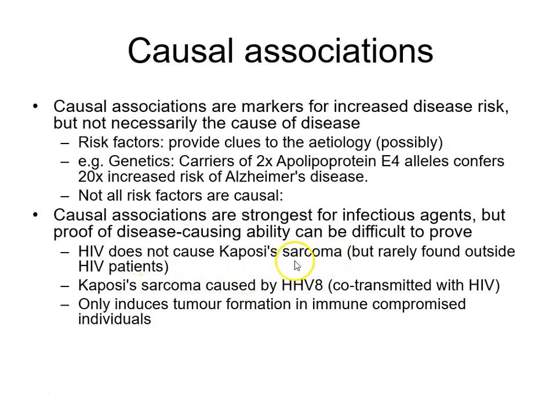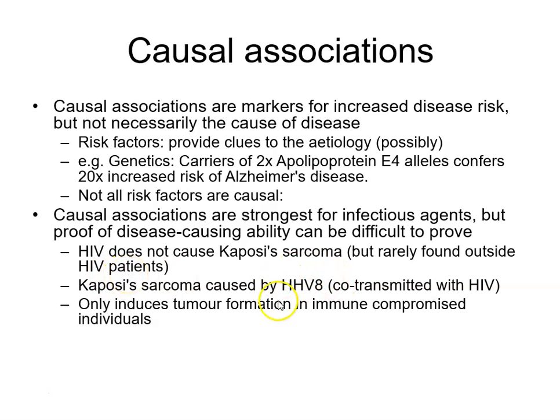This is a tumour that develops in HIV patients, rarely found outside HIV patients, and for decades it was thought that HIV caused Kaposi's sarcoma, whereas in reality it's caused by human herpes virus 8, which is sometimes co-transmitted with HIV, but you only develop tumour formation if you're in the immune compromised state of HIV that the HIV patients experience.